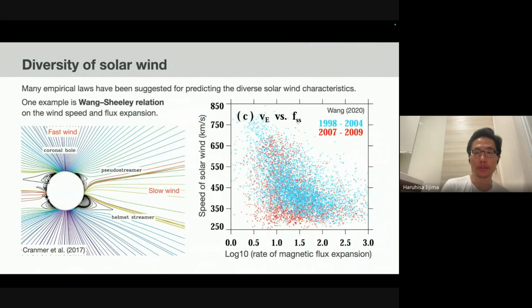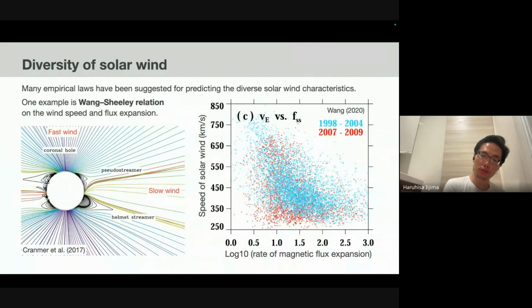And following this study, we are currently carrying out a parameter survey of this kind of simulations, especially focusing on the diversity of the solar wind characteristics. Typically, we know that there are two types of solar wind.